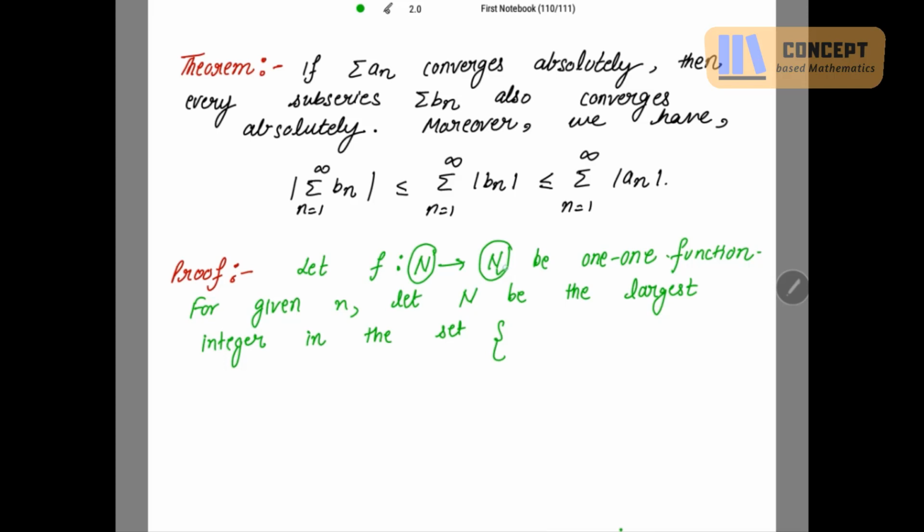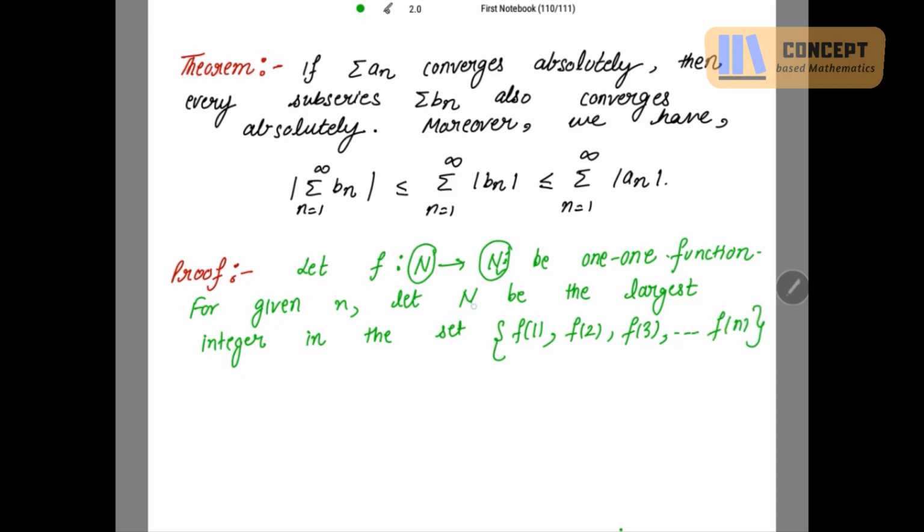So what will be there in my codomain? f of 1. If I apply f on 2, I will get f of 2 here, right? Then f of 3 up to f of n.